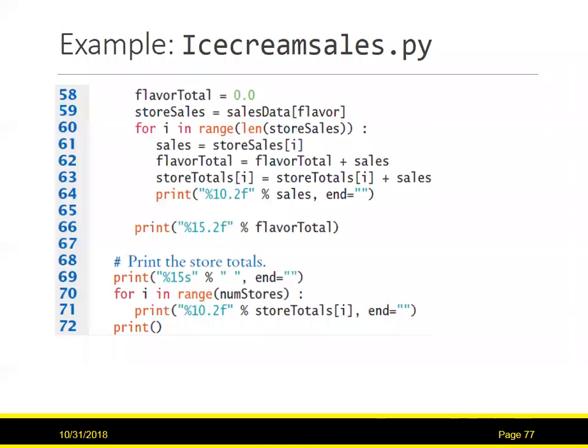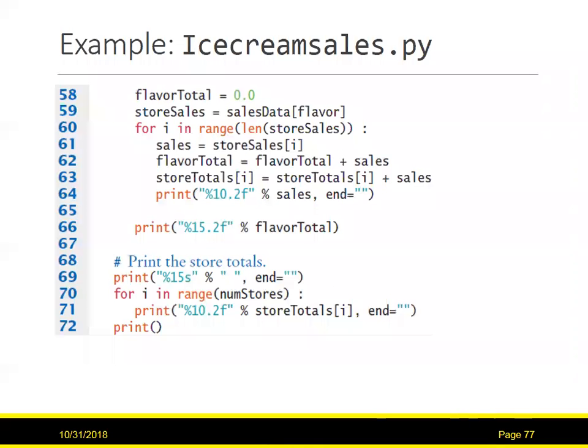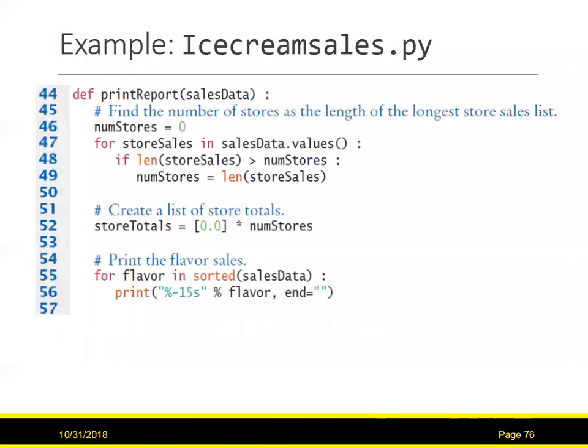It's not printing out flavor though. Oh yeah, there it is. Okay, there's one. Then we get to the end and we print all of the store totals. Is that a nested for loop? Yeah, so the for loop's cut off on 2 different pages. That's the beginning.